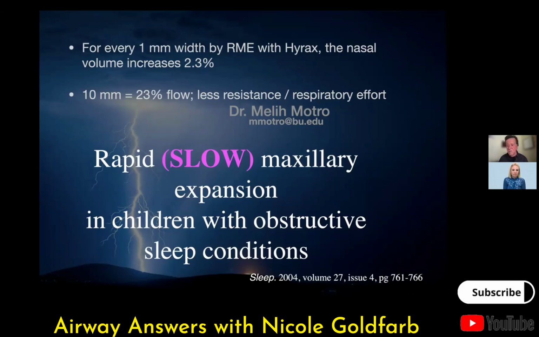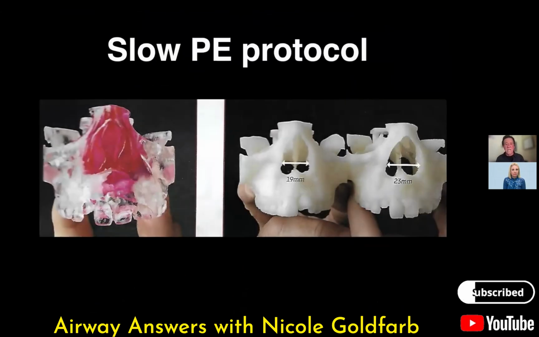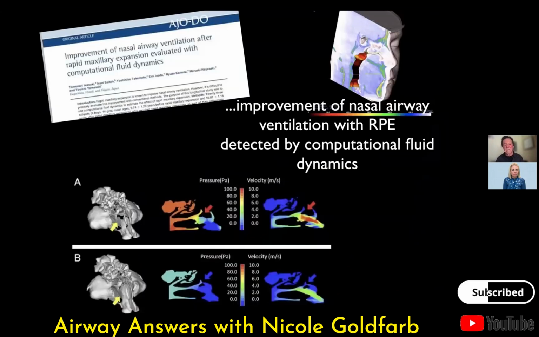I saw this research. It's very powerful: 10 millimeters, 15 millimeters of width, intermolar width, with the nasal floor changing, look at how much more flow we get for the airway. So I showed this already to emphasize that's the benefit, and that's the benefit. And then the fluid dynamics are that it's a smooth laminar flow, not the turbulent flow. And that's what this all means.